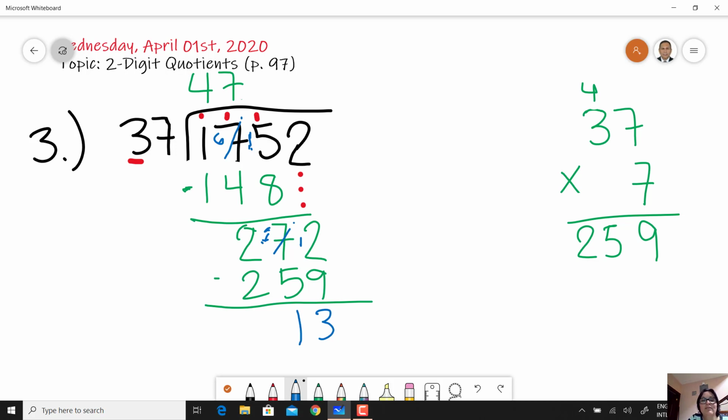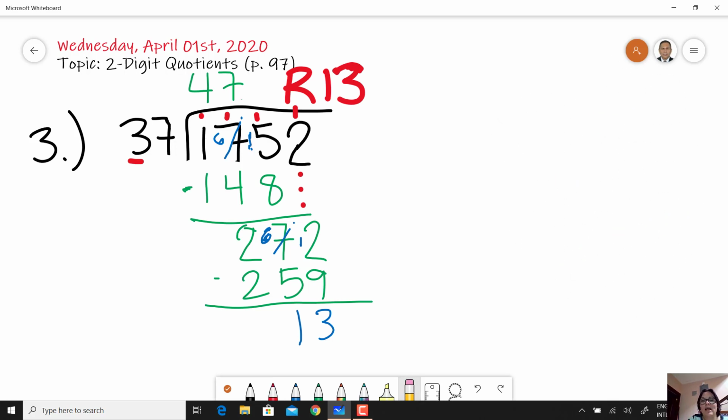Now, can you continue dividing? Here was 6. Can you continue dividing? No, right? Because we already used all the numbers from the dividend. So that means that 47 remainder 13 is the answer.